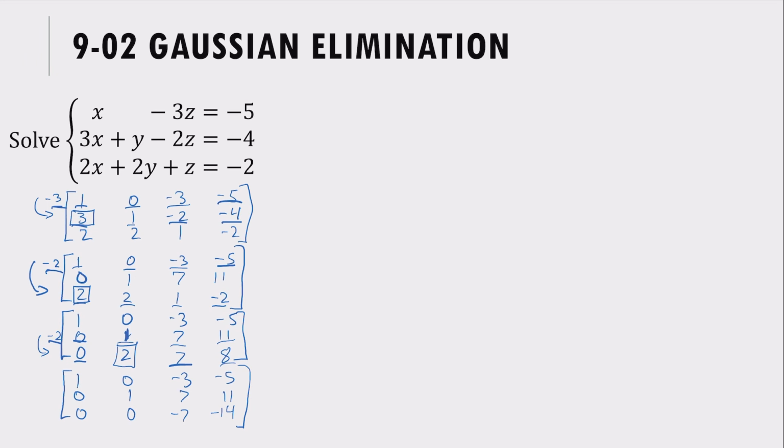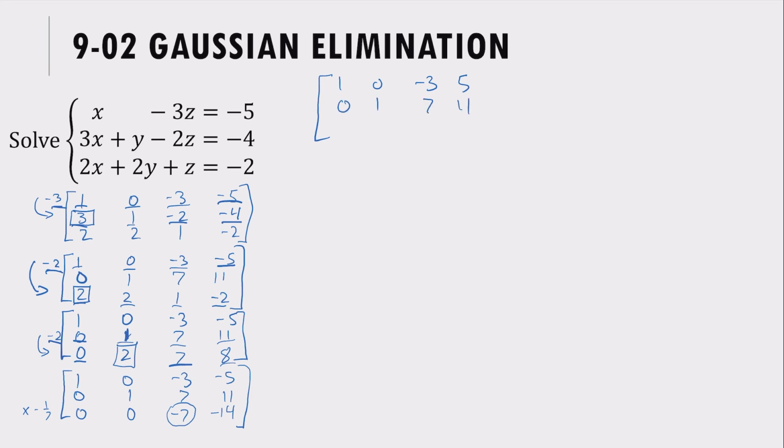Now to the third column, the third row, this needs to be a 1 to be in row echelon form. So I'm going to multiply by a negative 1 over 7 to turn it into a 1. The top row stays the same. The second row stays the same.